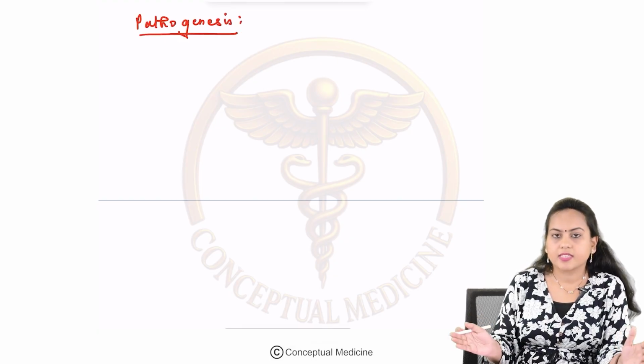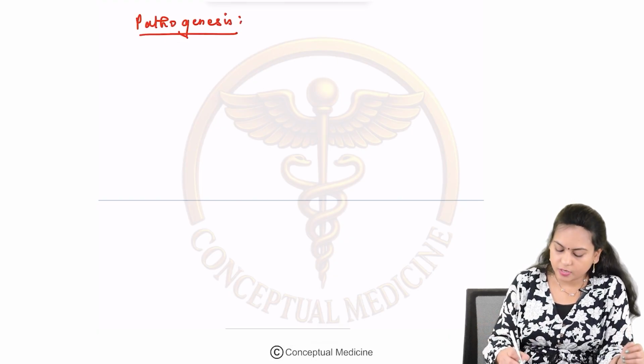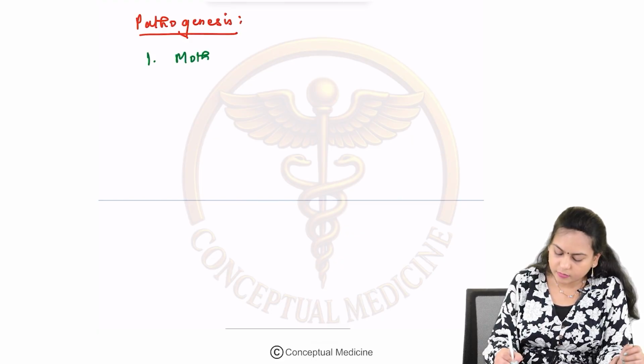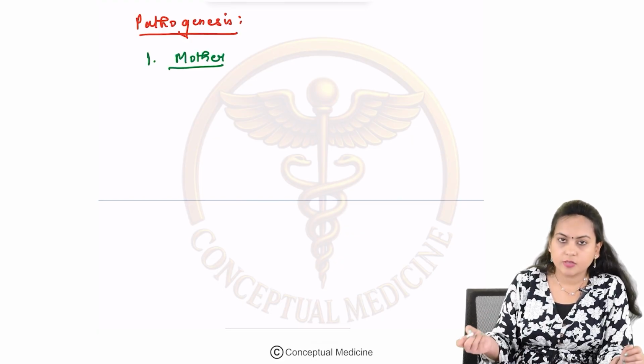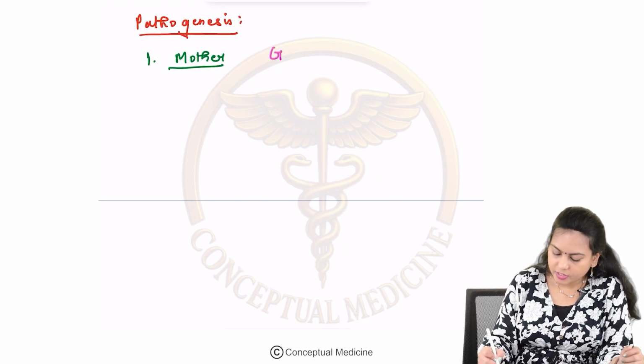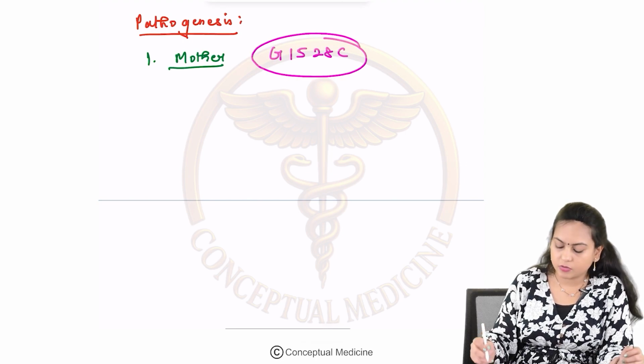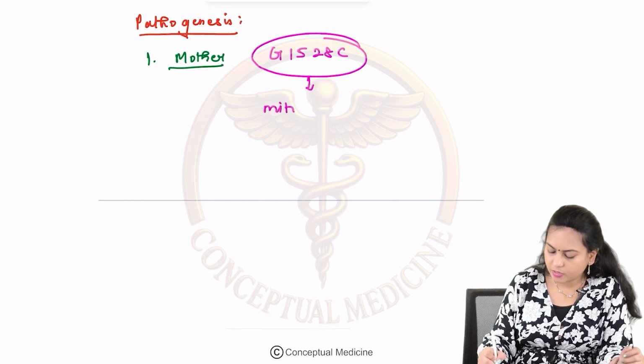See, pathogenesis can start either from the mother or the baby. Okay, so if you take the mother, there is a gene mutation in the gene G1528C. Okay, so this gene encodes for mitochondrial fatty acid oxidation.